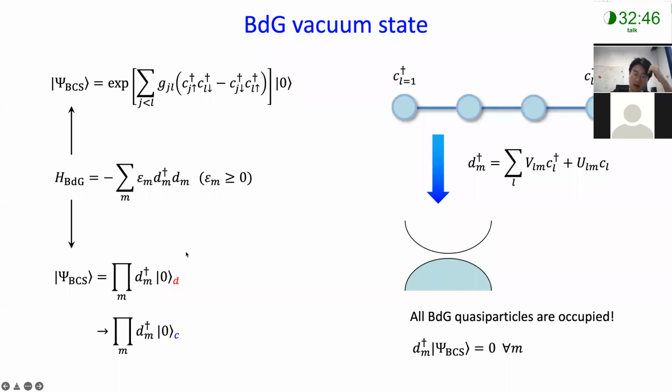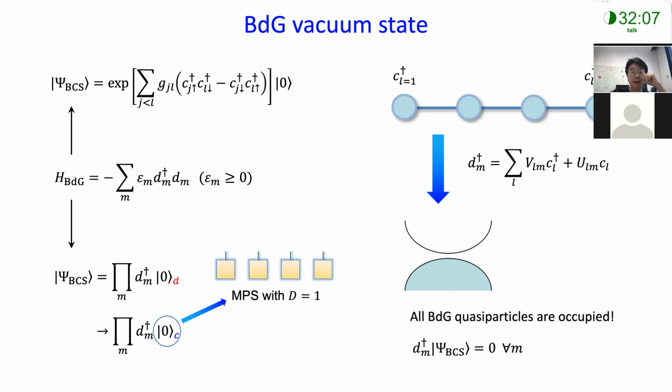Since we have a particle-hole transformation, this vacuum, the zero-D state, does not have to be the same vacuum as the original C fermions. But in this formalism, because it is fully occupied, as long as the original vacuum has a non-zero overlap with this new vacuum, we can create those Bogoliubov D dagger operators on top of the original vacuum to obtain the same state, up to only a phase factor.